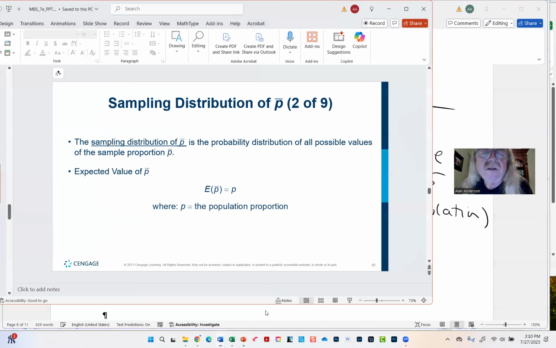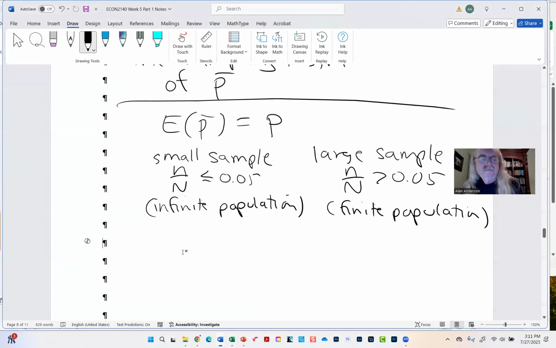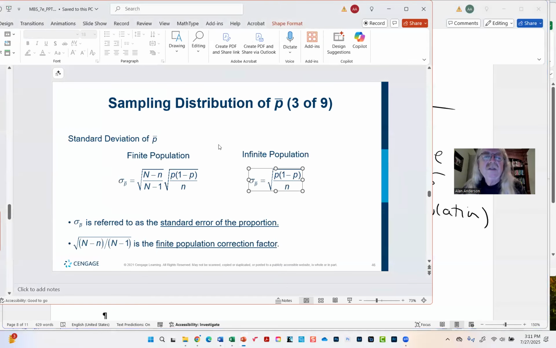So the formulas are here. Infinite is this one. And if you notice the little p bar here, it indicates that this refers to the sampling distribution of p bar, not the population standard deviation. And then the other one, there's that special term again.